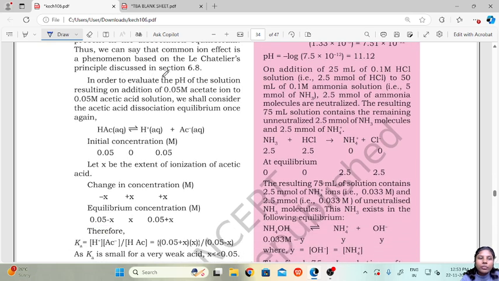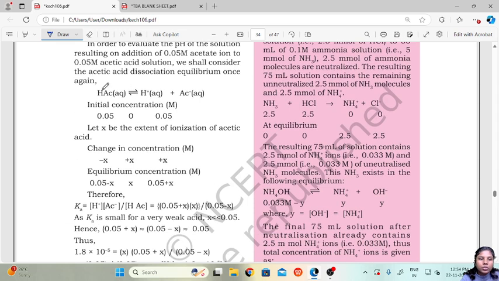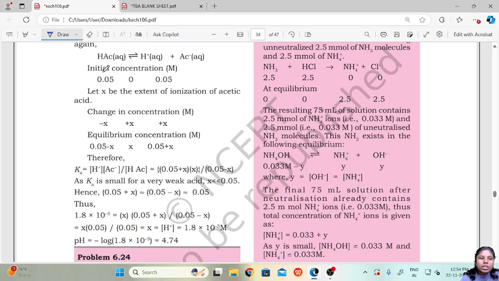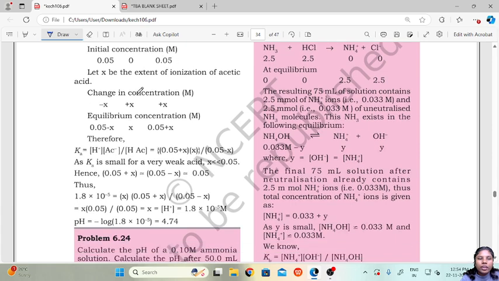Now, in order to evaluate the pH of the solution resulting on addition of 0.05 molar acetate ion to 0.05 molar acetic acid solution, we shall consider a simple dissociation of acetic acid. It gets dissociated into H plus and acetate ions. Its initial concentration is 0.05 molar.